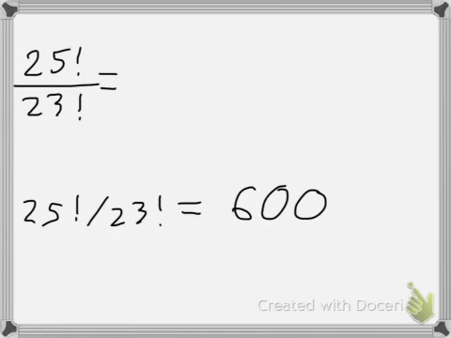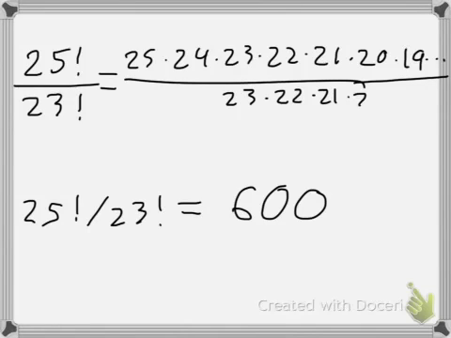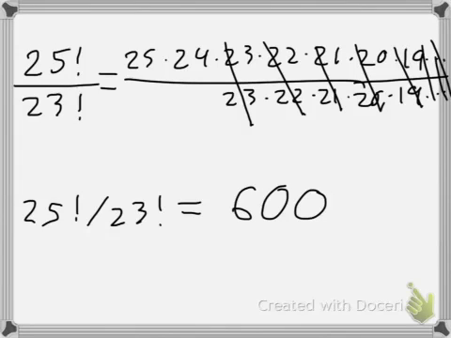This actually makes a lot more sense than you think it would, because if I actually did this out, 25 times 24 times 23 times 22 times 21 times 20 times 19, etc., and then on the bottom, I wrote 23 times 22 times 21 times 20 times 19, etc., all the way down to 1, we see a nice little property that happens, because the 23s will cancel out, the 22s will cancel out, the 21s, the 20s, the 19s, all of the numbers cancel out.